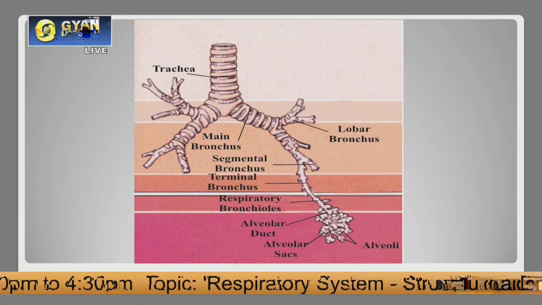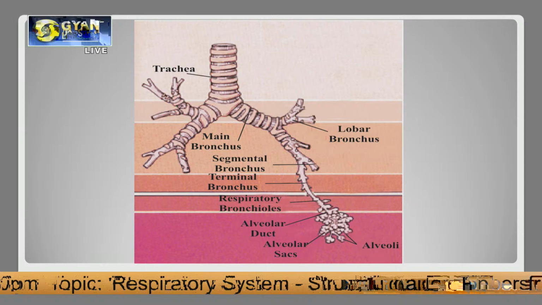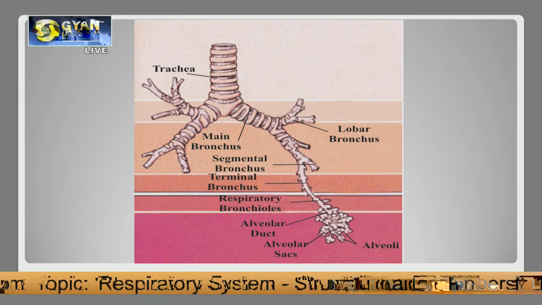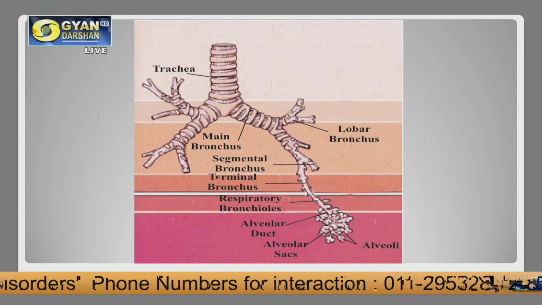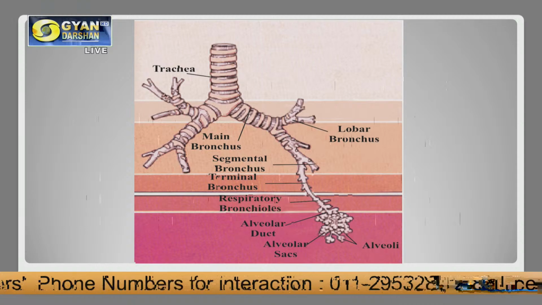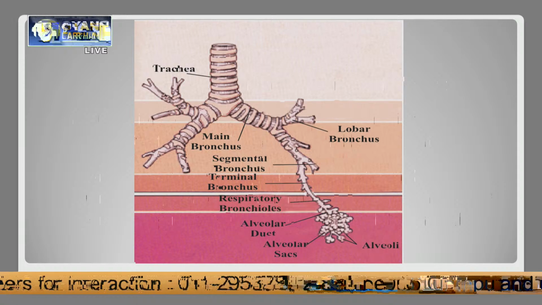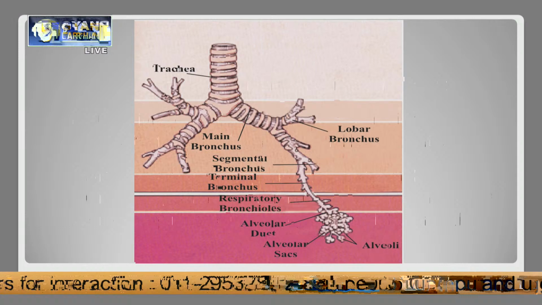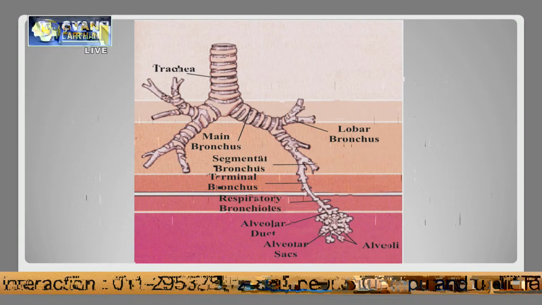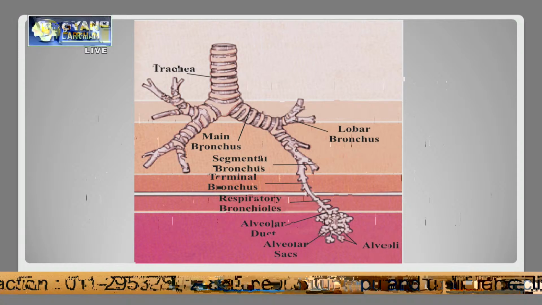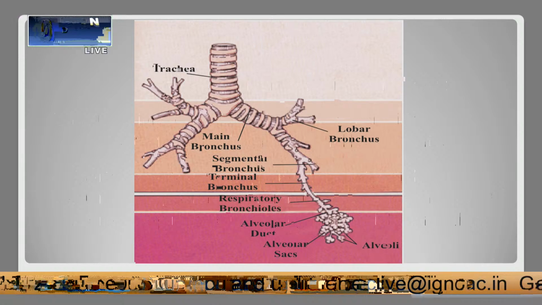And each alveolus is the final structure in the respiratory system where the exchange of gases takes place. Now what is it for? It is mainly to oxygenate our organs, the body parts, and to help in the exchange of gases by taking the carbon dioxide out and oxygenating the various parts of the body.